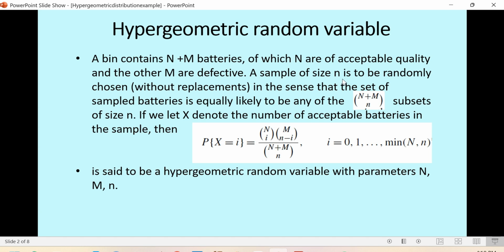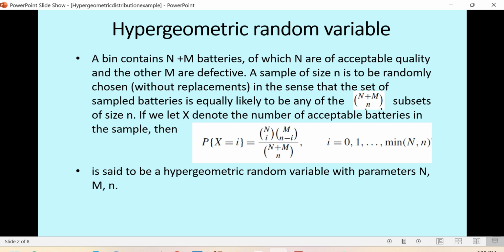So we choose n randomly from this population, and we check how many of these n are positive, or of acceptable quality. Then this number follows the so-called hypergeometric distribution.